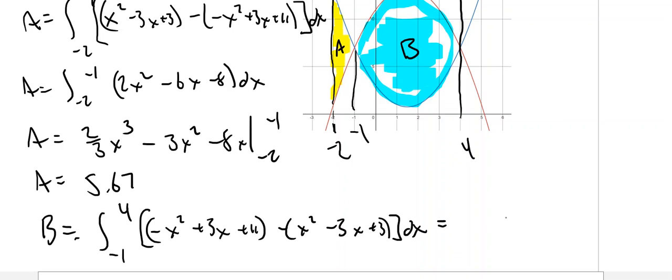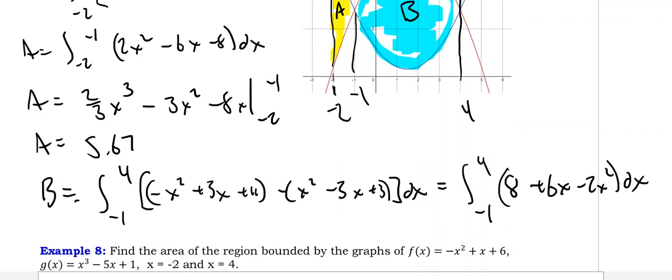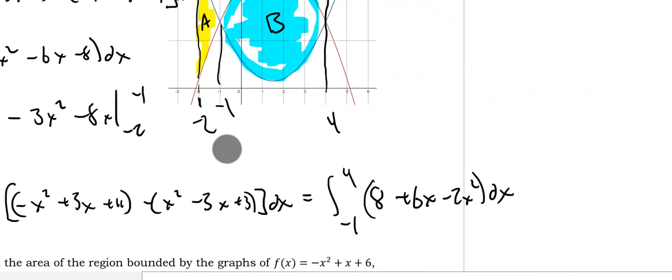So we're going to have the integral from -1 to 4 of 8 plus 6x minus 2x squared dx. Kind of running out of room here. The antiderivative of that, let's go up here.